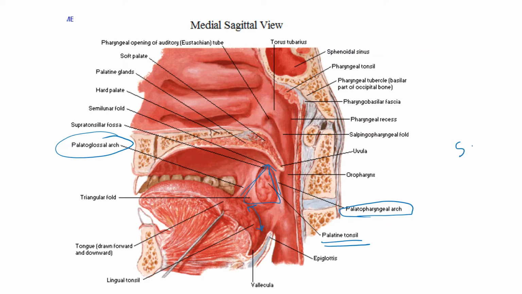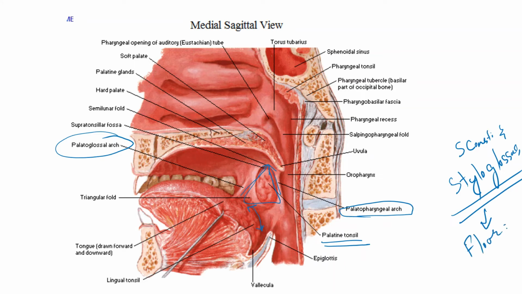One is the superior constrictor muscle, and the second is the styloglossus muscle. So these two muscles make up the floor of the tonsillar fossa.